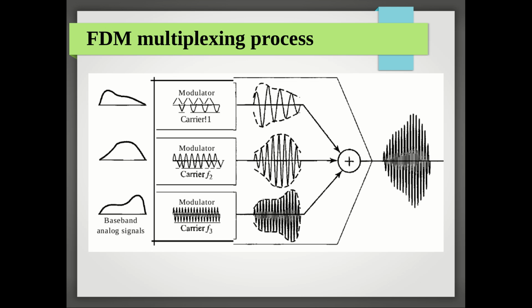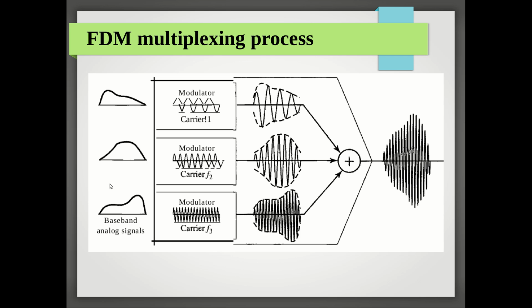Now this diagram I took from the Forouzan textbook. I felt it can explain the concept more pictorially than the complicated diagram we have seen so far. So it is something like this.